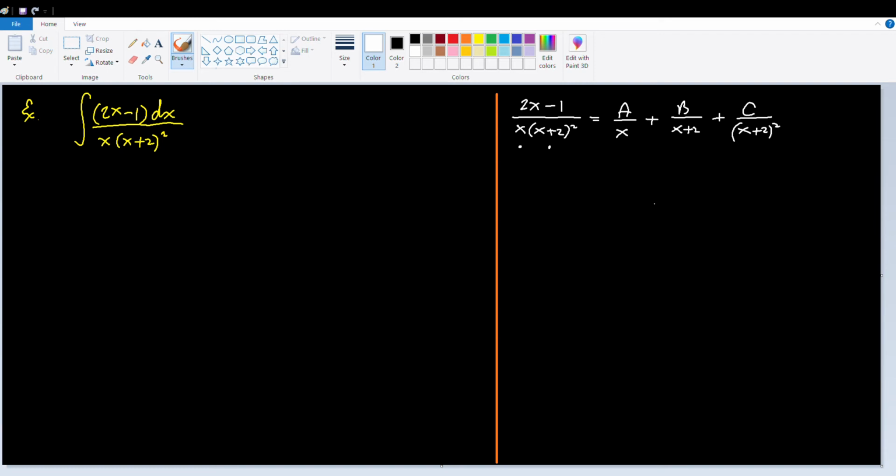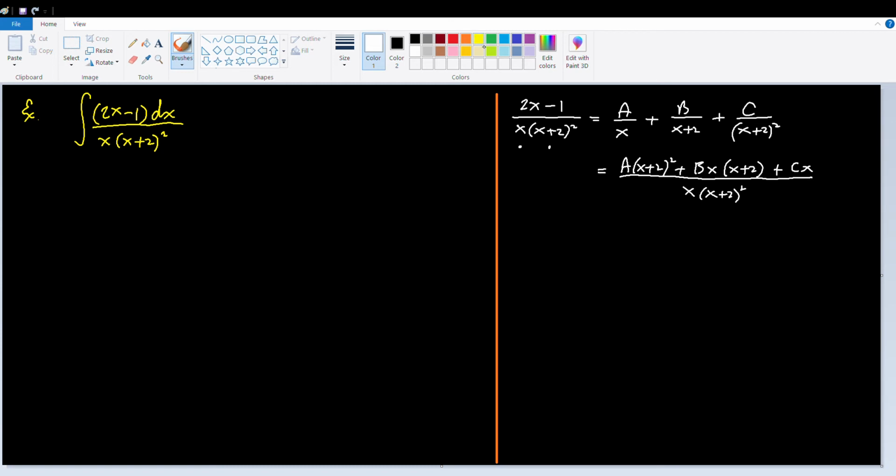Right? So just like what we did in case 1, we combine the fractions at the left. We'll be getting a times (x plus 2) squared plus b times x times (x plus 2) plus c times x, all over x times (x plus 2) squared.